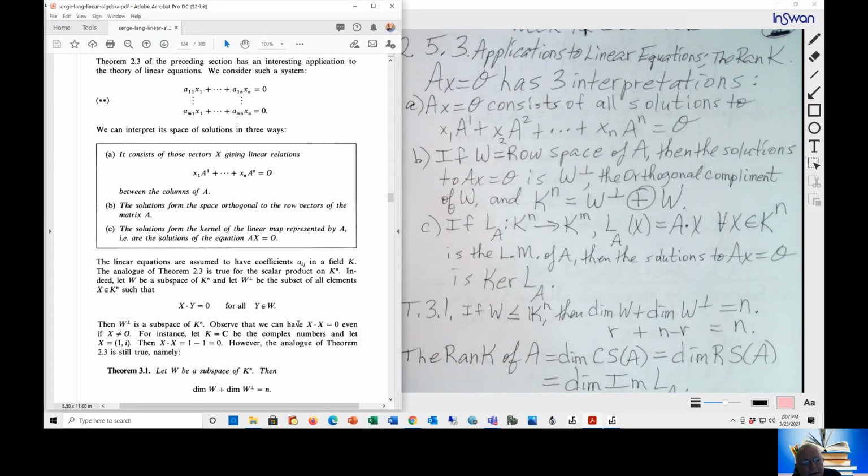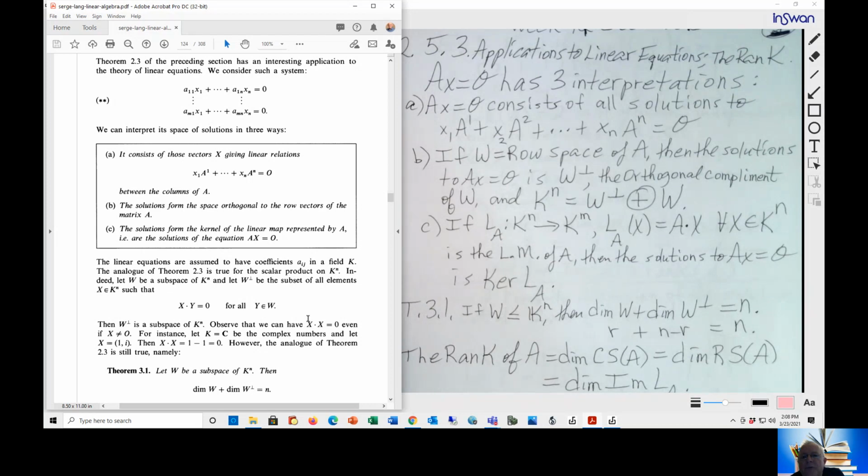And then third, it's also the kernel of the linear mapping represented by the matrix A. You can always think of the matrix A as being its own linear mapping going from Kn into Km.